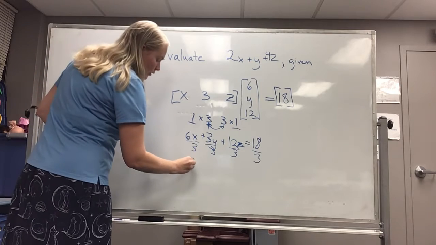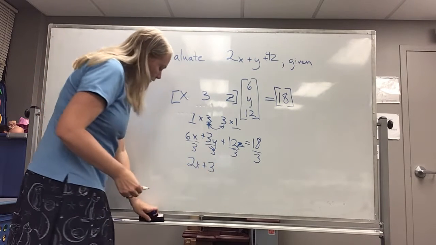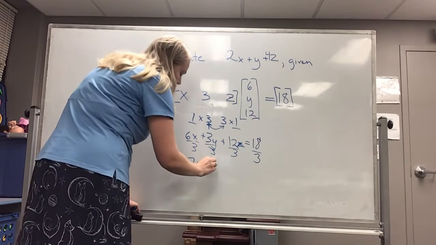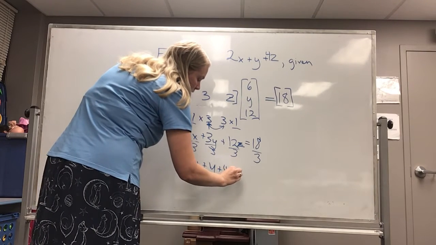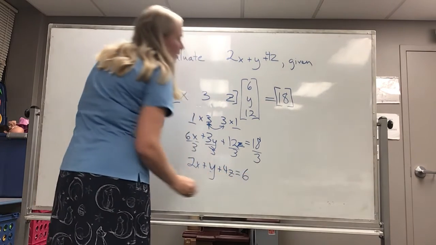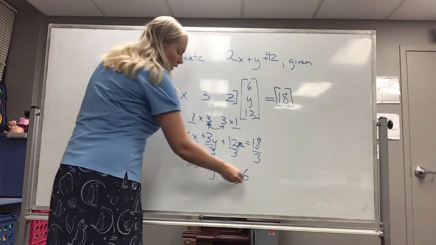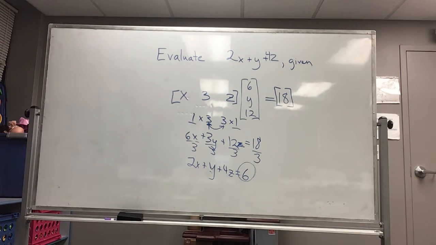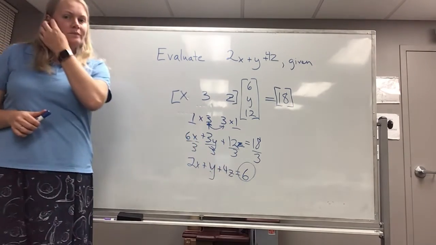And we get 2x plus, no, not 3, sorry, 3 divided by 3 is just 1. 2x plus y plus 4z is equal to 6. And so the value of 2x plus y plus 4z is equal to 6. Without knowing the individual values for x, y, and z, we can still find that number.